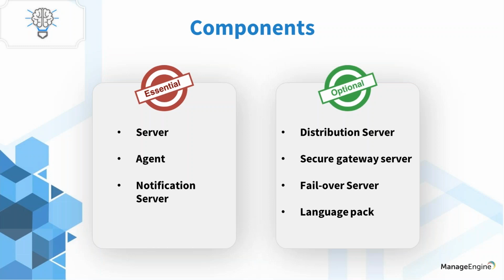This is useful if you are going to manage machines that are not part of the LAN or are connected over the internet. We also have the failover server. In case you want to have high availability, you can make use of this. This is separately licensed. Moreover, you can also use a language pack to list the web console in your preferred language.